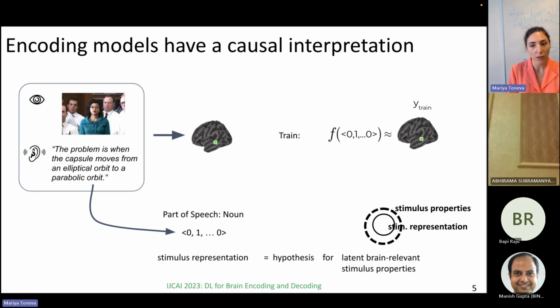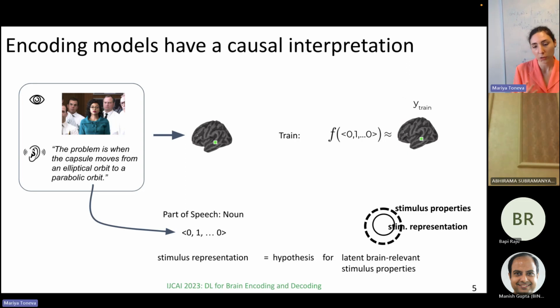An encoding model learns a function, f, which takes as input the stimulus representation, for example this one-hot vector encoding for part of speech, and predicts as output the brain activity in a particular region or time point in the brain response. So we have, for example, this green volume pixel over here.